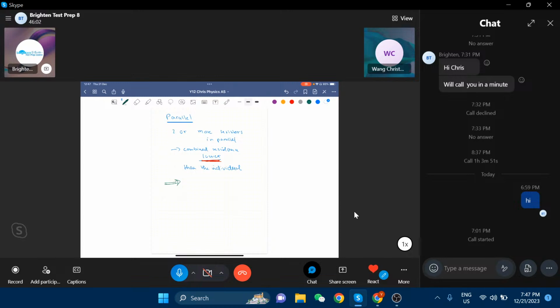That's correct, but I'm aiming more at what happens to the current in total. It should be higher. Exactly. The current draw will increase, because there's less resistance, right? It's very simple. If I put them into parallel, they draw more than the individual ones.